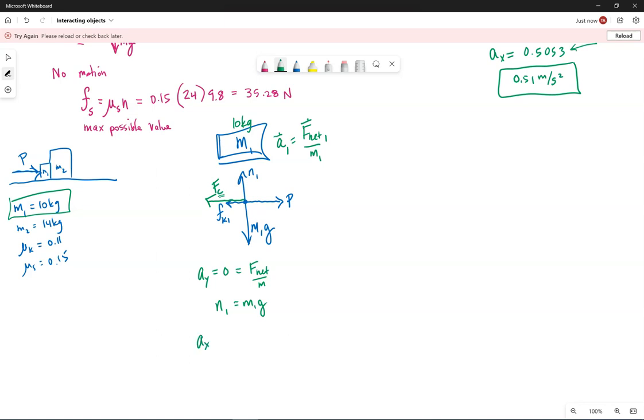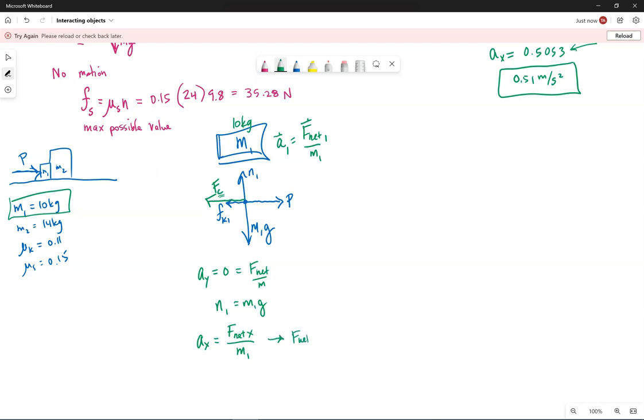In the x direction, we know we're applying enough force to get it moving. We know kinetic friction forces are smaller than static friction, so there will be an acceleration. This acceleration is going to depend upon the net force in the x direction specifically, so all the forces along the x-axis, and then the mass of this specific box that we are talking about.